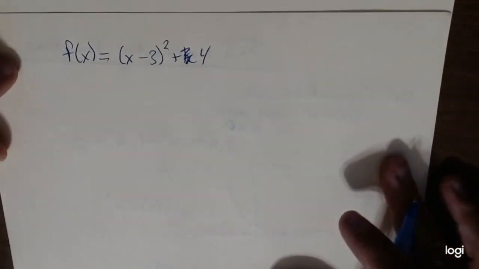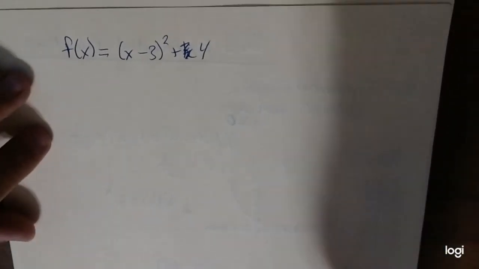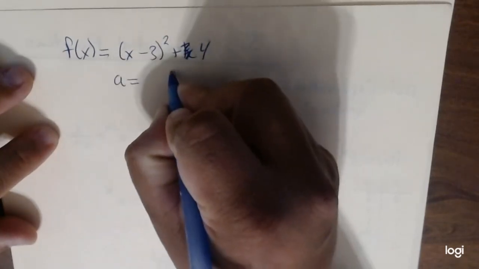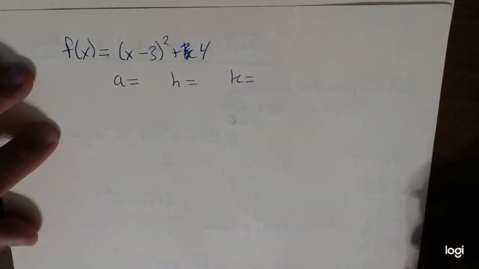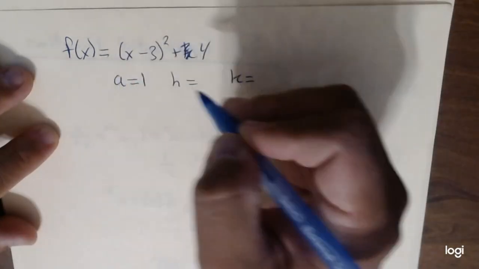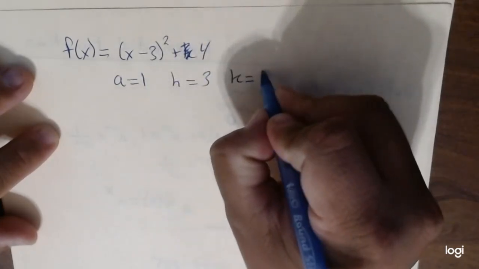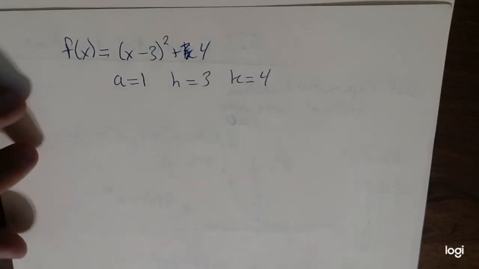Okay. And remember, we graphed these using transformations. And if you remember way back in chapter 3, we wanted 3 numbers, A, H, and K, that told you how the transformations actually came. So in this case, A would be 1, the number in front. H would be positive 3, and then K would be positive 4, right? And then we use the transformations using our parent function itself.